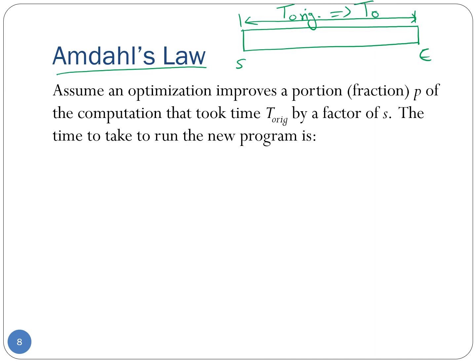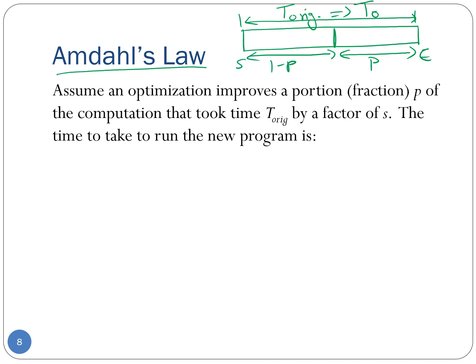So let's say that this original time was taking too long, and so computer engineers and scientists worked hard at this task, and they came up with an optimization that could boost the performance of some fraction of this task. Okay, so let's say we divide the task over here. Let's say this is your fraction p, and this is the remaining fraction of your program, 1 minus p.